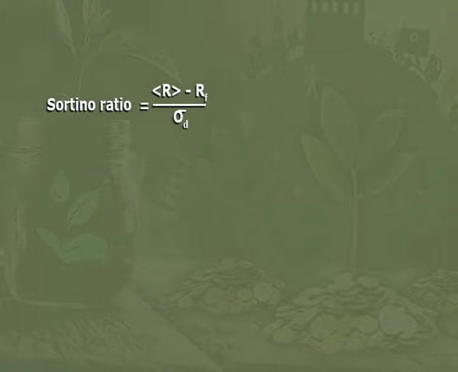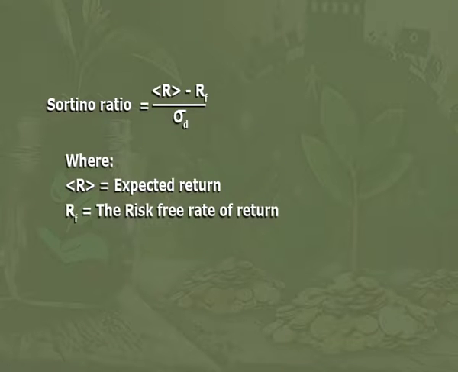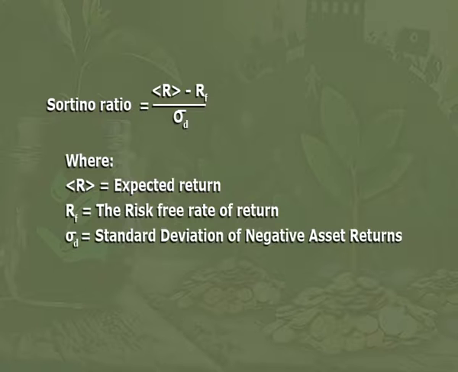The formula for Sortino ratio is like this. Sortino ratio is equal to R minus RF divided by standard deviation D, where R is equal to expected return, RF is risk-free rate of return, and standard deviation D is the standard deviation of negative asset returns.